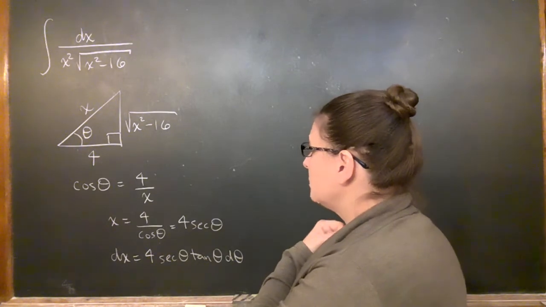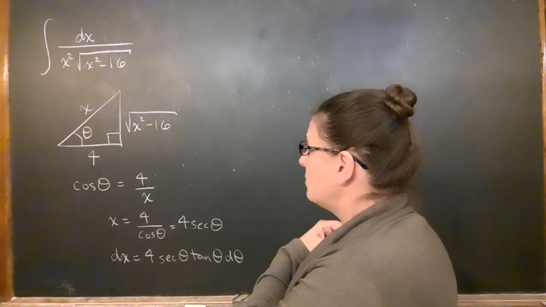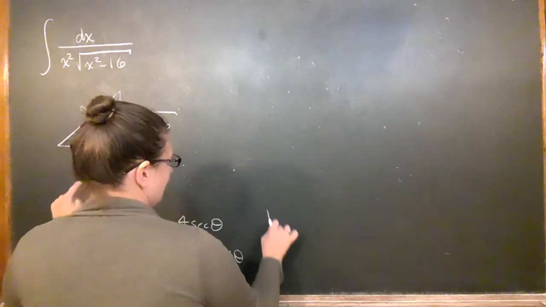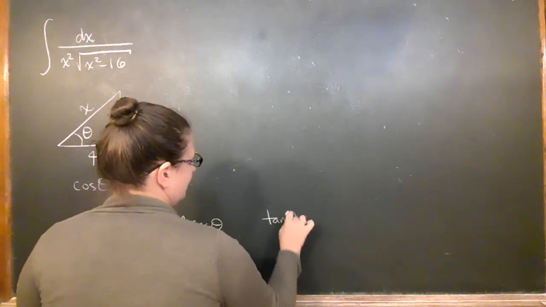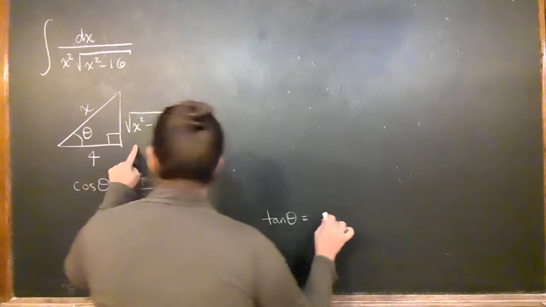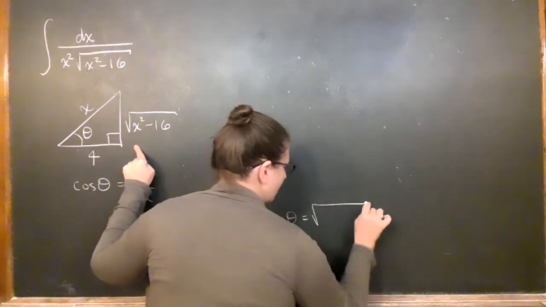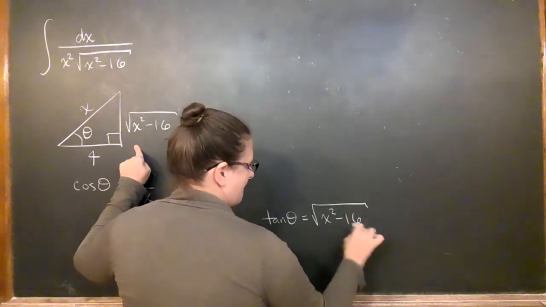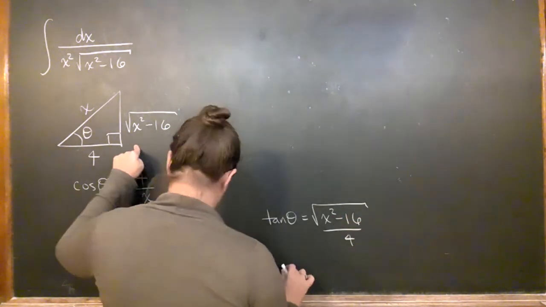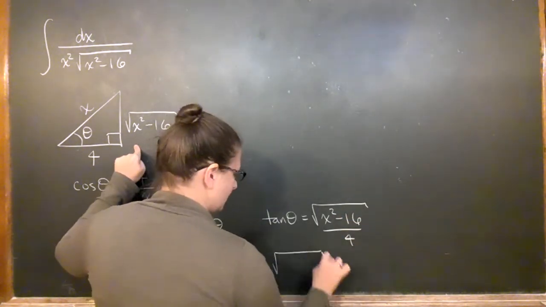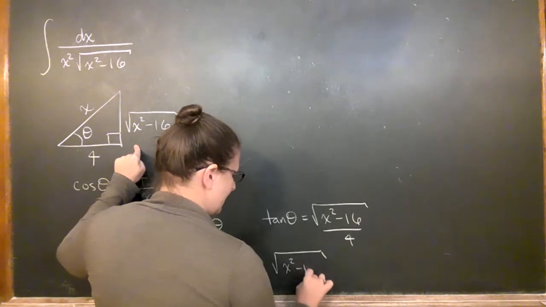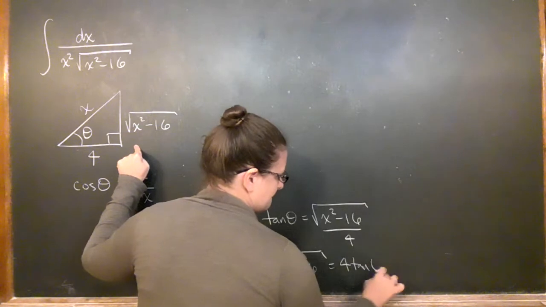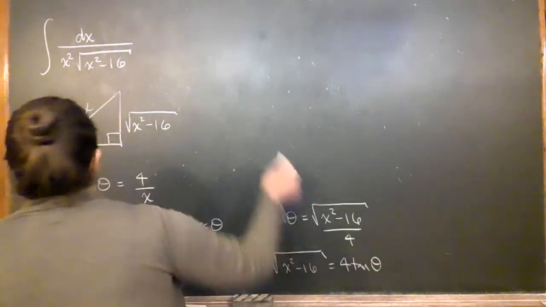So if I look at solving for the square root, tangent of theta, I'm just going to write it here. Tangent of theta is the square root over 4, right? Because it's opposite over adjacent. So as I solve for the square root, to substitute that in there, it will be 4 tangent of theta.